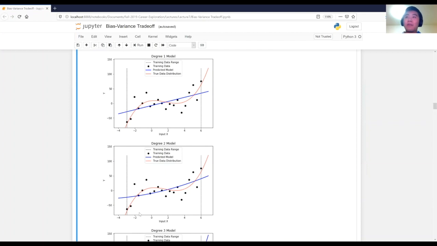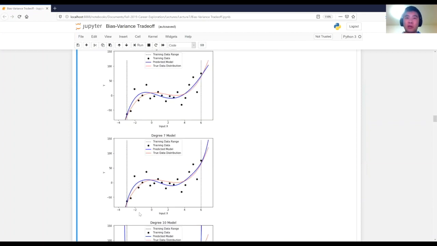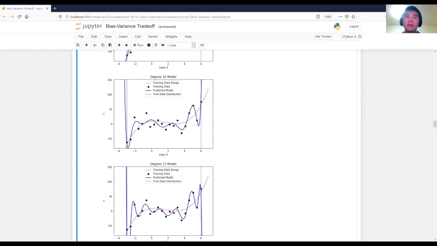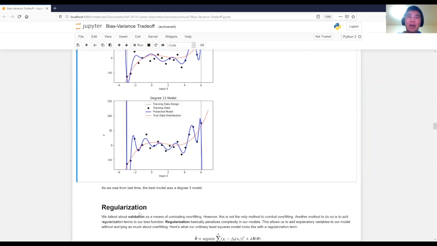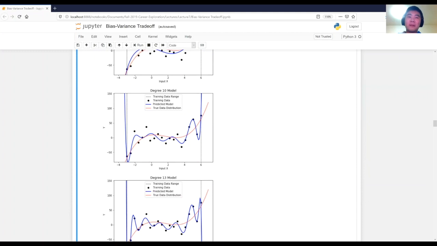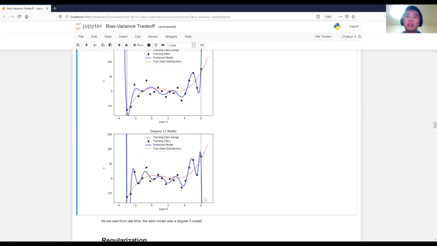However, eventually, as we increase the degree, we see models that begin to feel a bit unreasonable. This model in blue here illustrates the bias-variance trade-off because as degree d increases, the model is beginning to fit the noise.